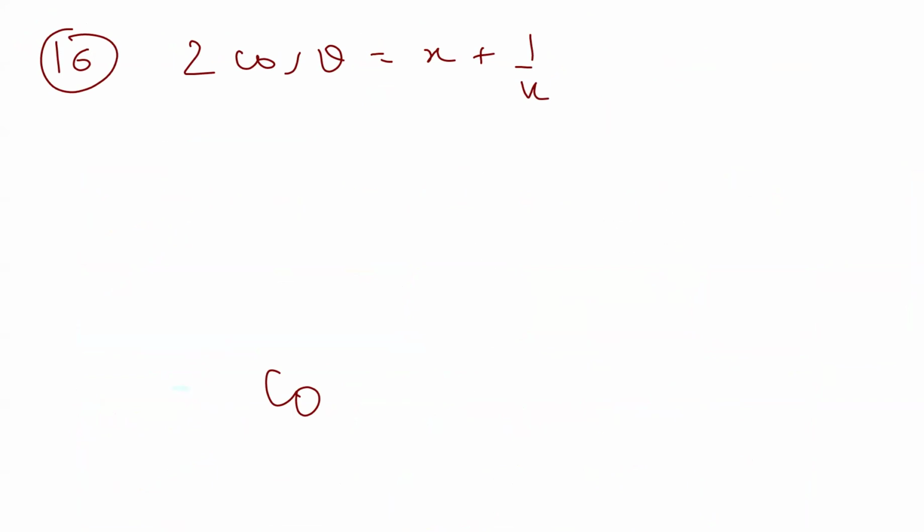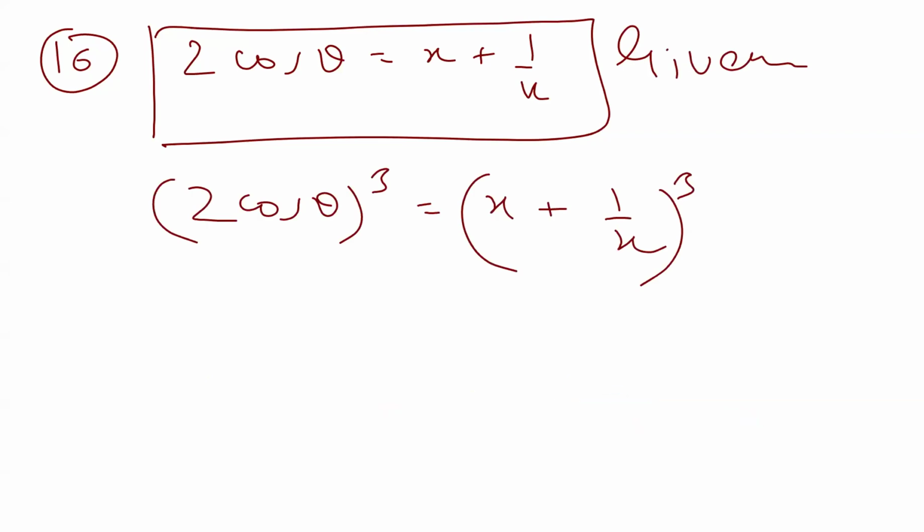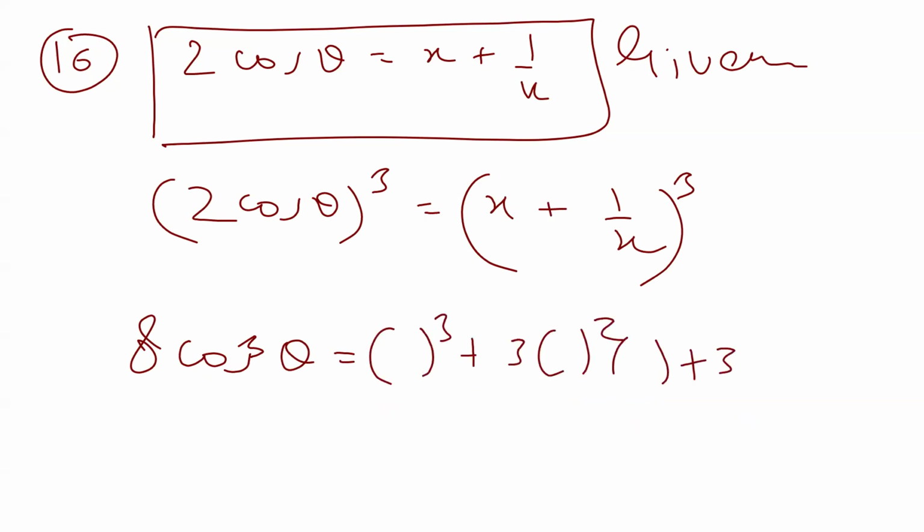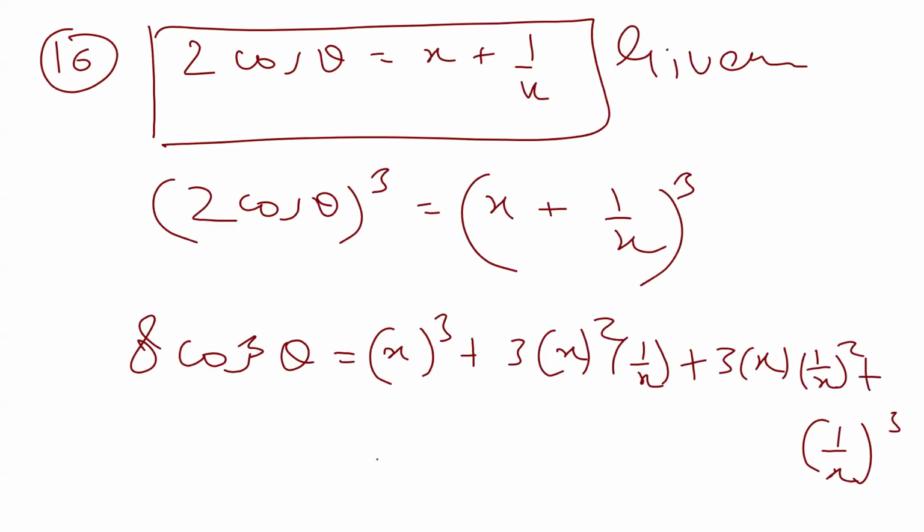So 8 cos cube theta is equal to a cube plus 3a square b plus 3ab square plus b cube, where a is x and b is 1 upon x. So 8 cos cube theta is equal to x cube plus 3 into x square into 1 upon x.